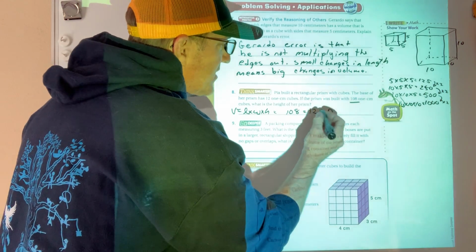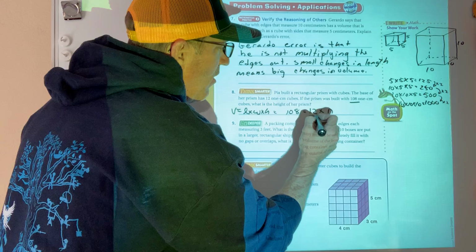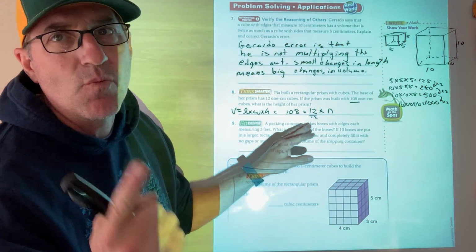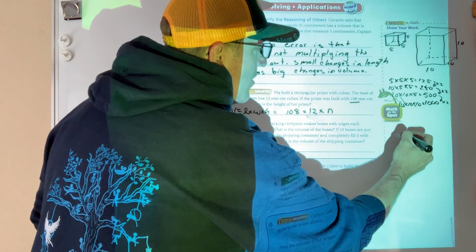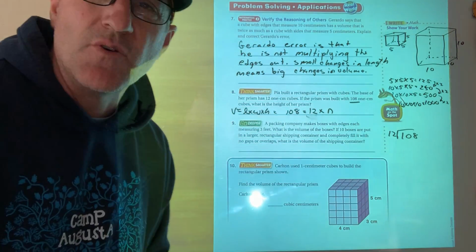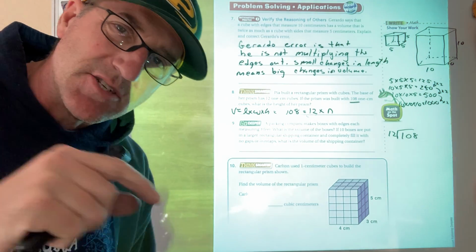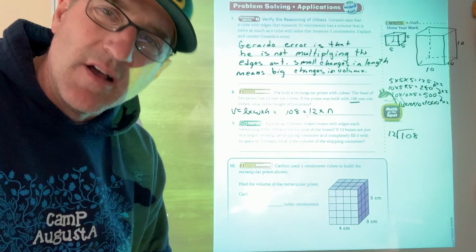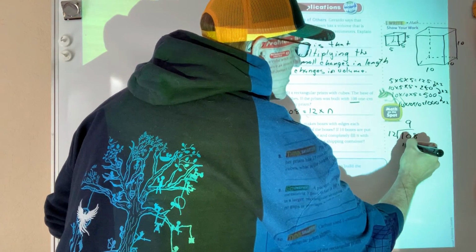What makes that make sense is this is really just 12n. I would divide both sides by 12. What's 12 divided by 12? It's just 1, and then I get what equals n. So I have to take 108 and divide it by 12. How many 12s go into 108? It goes in evenly. Go to the 12s and go down. 9 times 12 is 108.